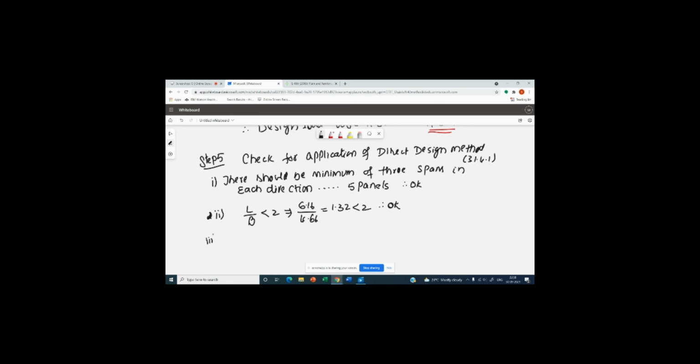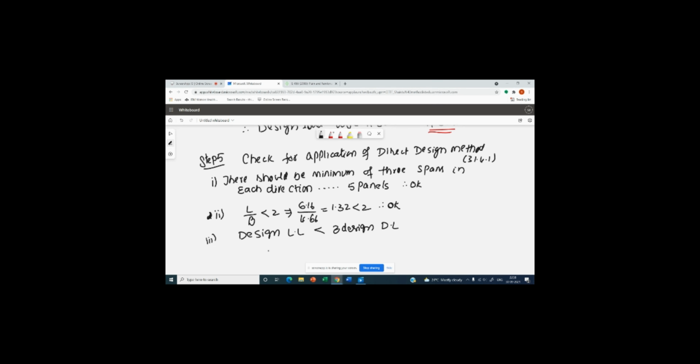Third is the one which I was discussing. Design live load must be less than 3 times the design dead load.